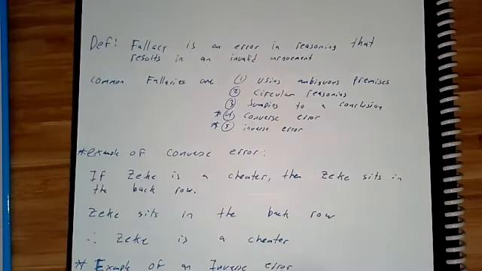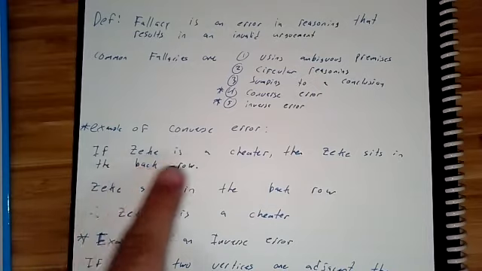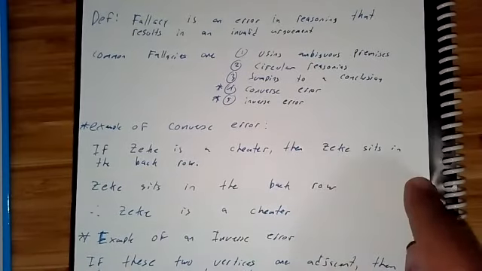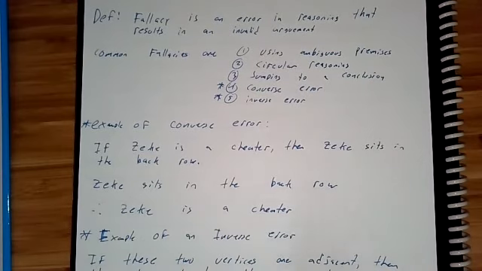The converse error, this is an example here. If Zeke is a cheater, then Zeke sits in the back row. Zeke sits in the back row, therefore Zeke is a cheater. Clearly it's not true, right? That doesn't really make sense. So that's considered to be a converse error.